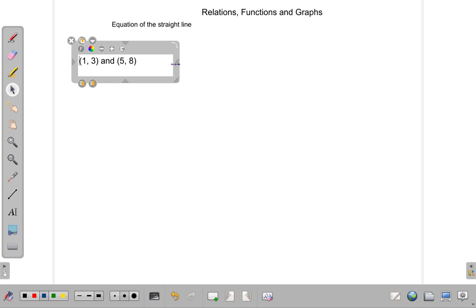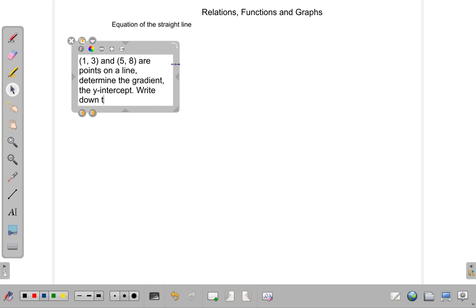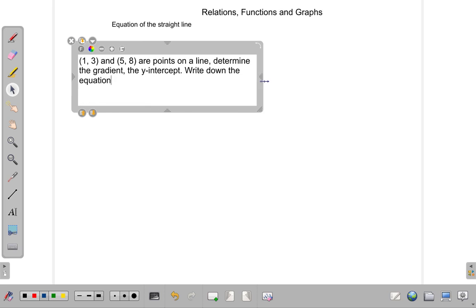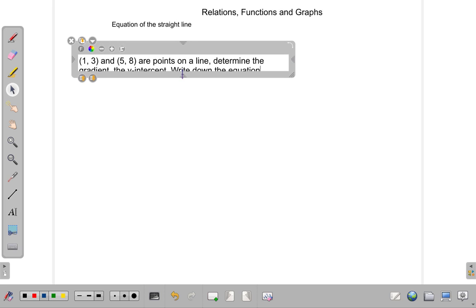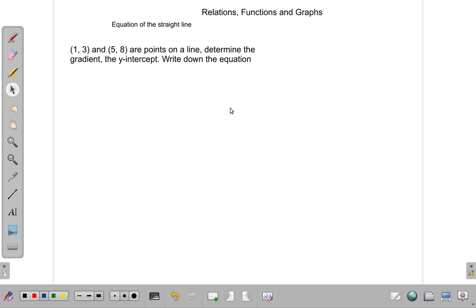These are points on a line. Determine the gradient, the y-intercept, and write down the equation of the line. Alright, good. Given these pieces of information, we should write down the equation of this line.